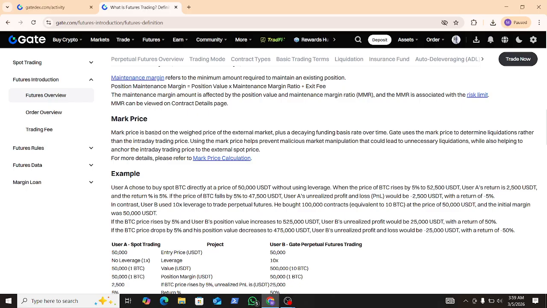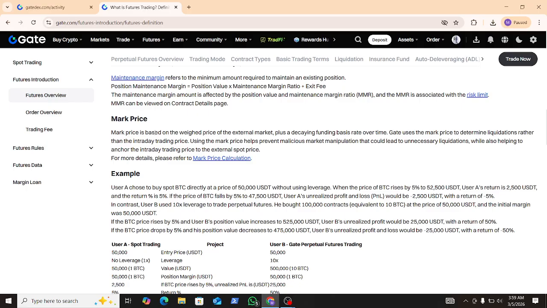If the price of BTC falls by 5% to 47,500 USDT, user A's unrealized profit and loss, PNL, would be minus 2,500 USDT with a return of minus 5%.